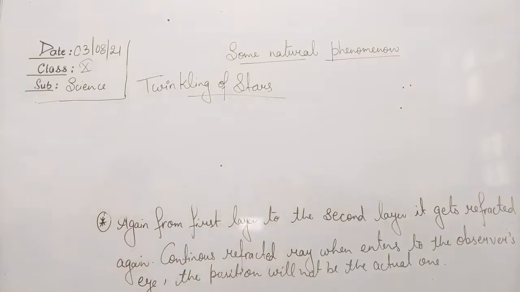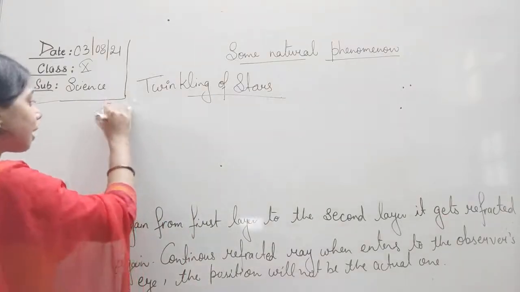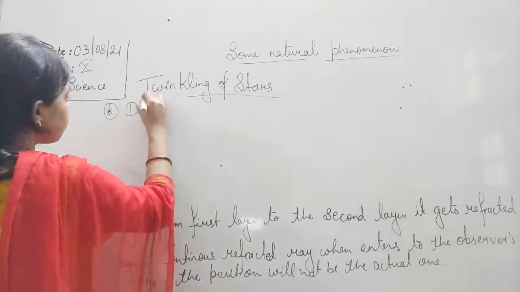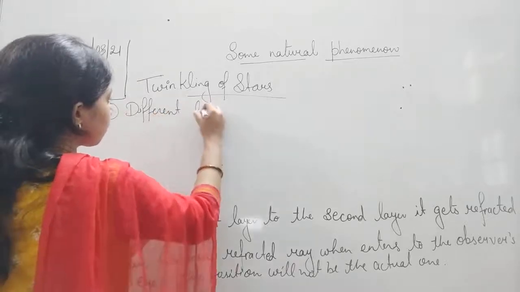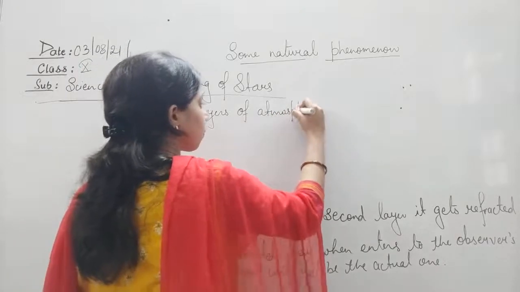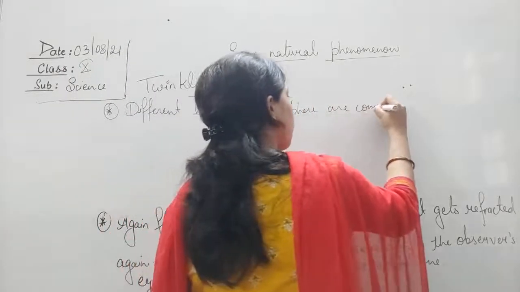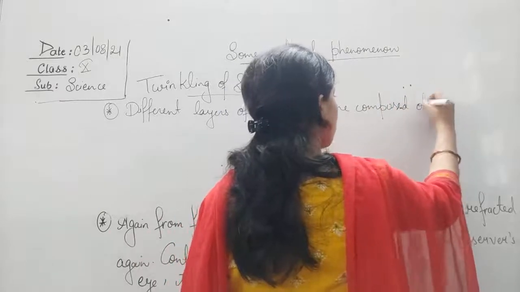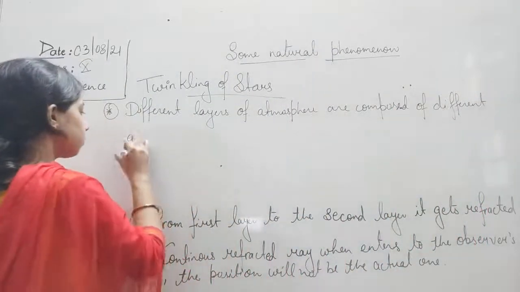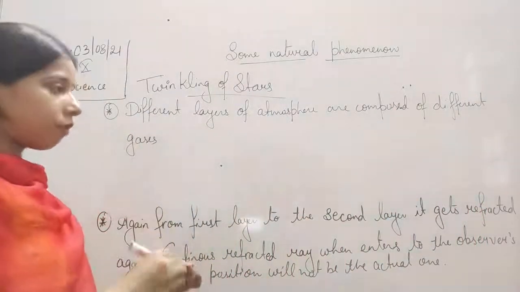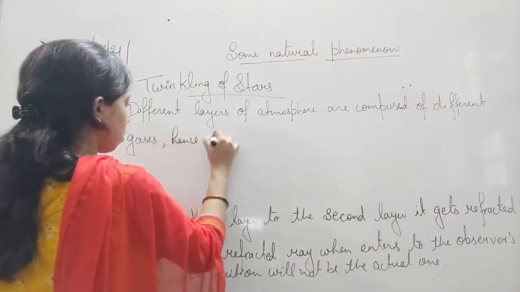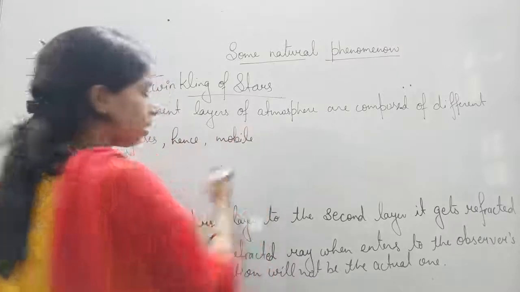Okay. Now, why do they twinkle? So different layers are there, composed of different gases. They are composed of different gases, hence they are mobile.